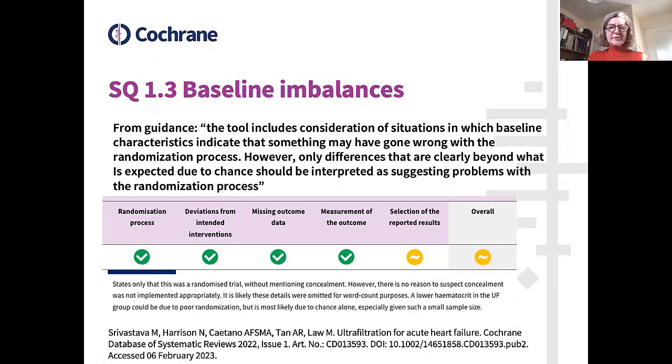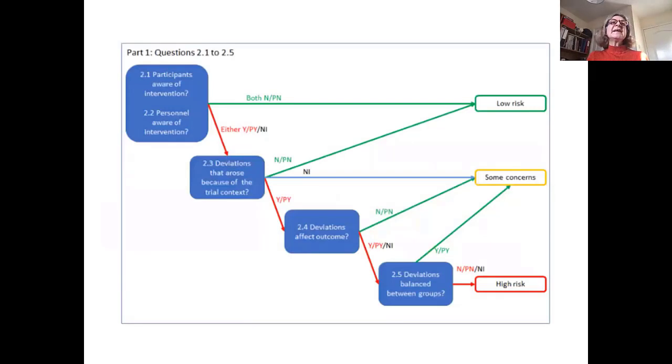Okay, so moving on to domain 2, which is the least favorite domain, and we do understand that, and we do hear that a lot from people. This domain 2 is the old RoB1 question that asked about blinding of patients and of clinical personnel, or personnel implementing the intervention. And I think in the past, the question in RoB1 was quite straightforward, because it was just about, were participants and personnel blinded?